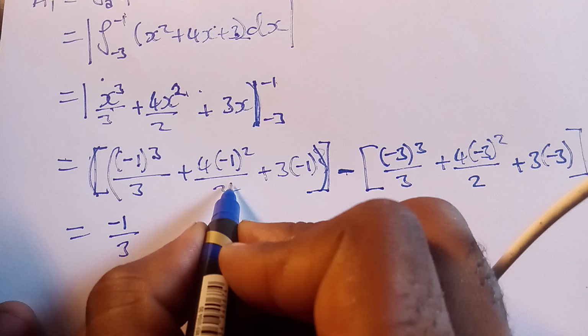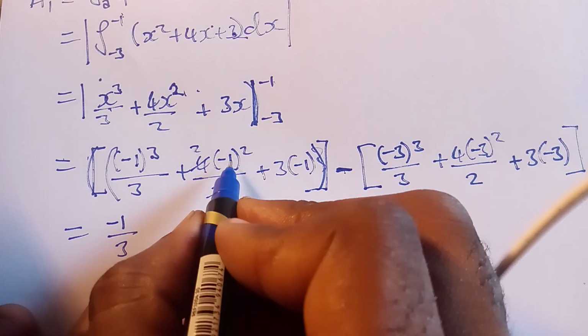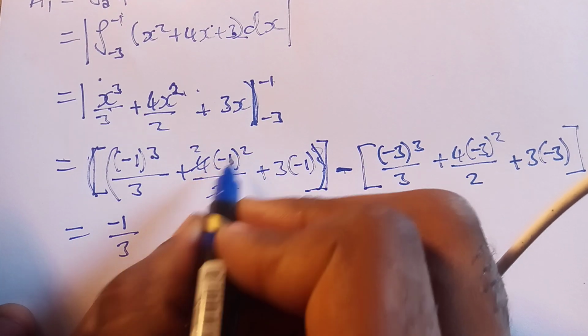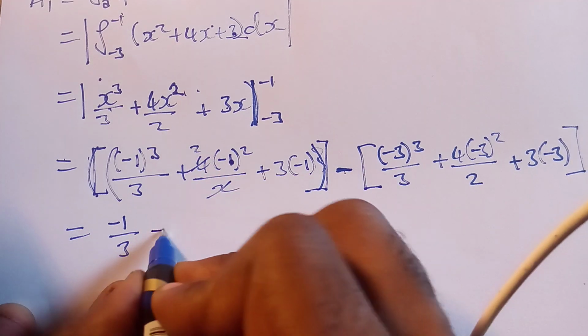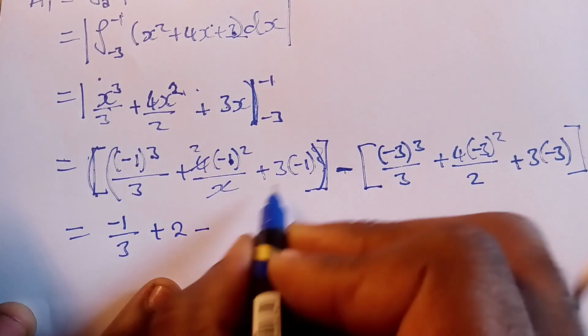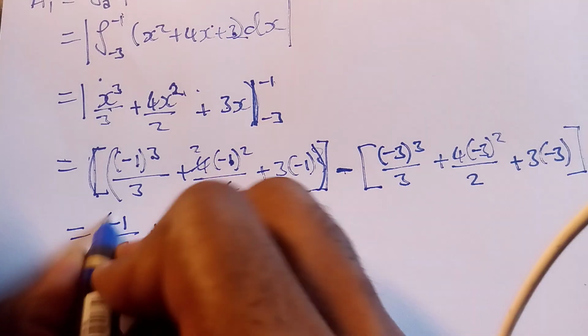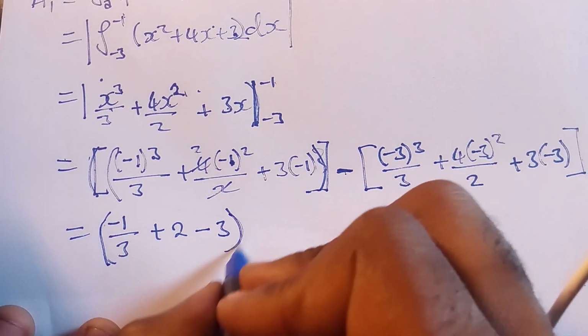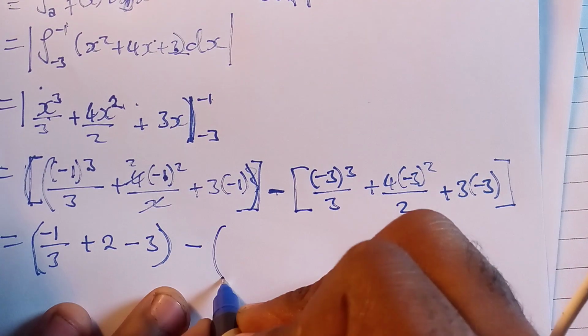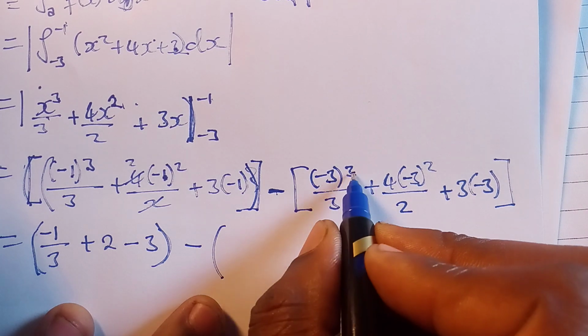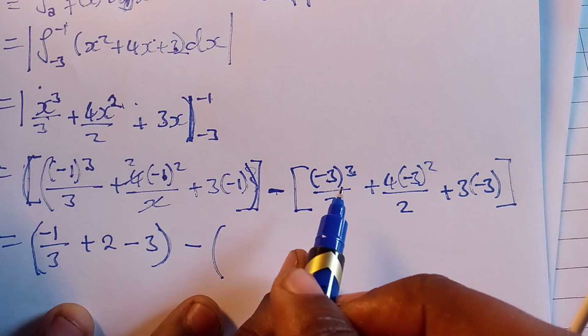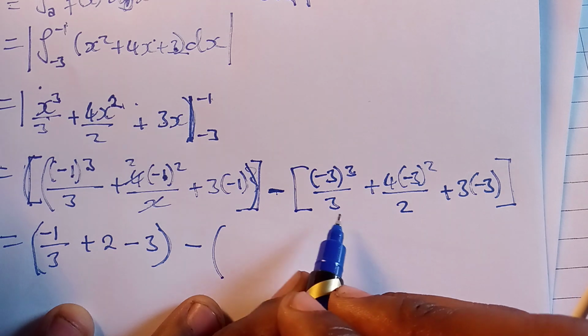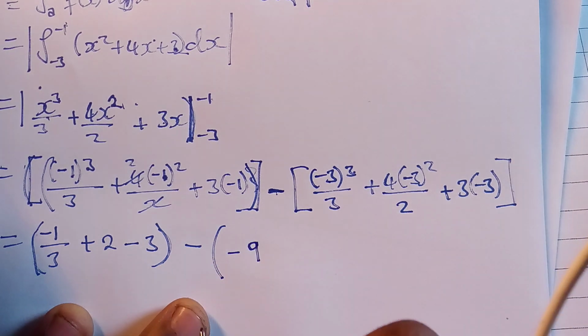Then everything over 3. This one there is 2. -1 squared is 1 multiplied by 2. This would be a 2. Then minus 3. And then minus -3 to the power 3 is -27. -27 divided by 3, this would be -9.